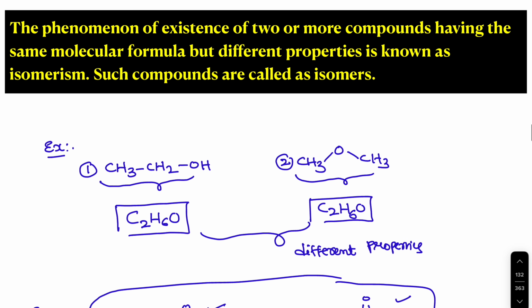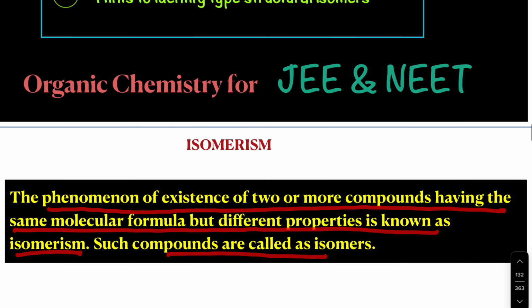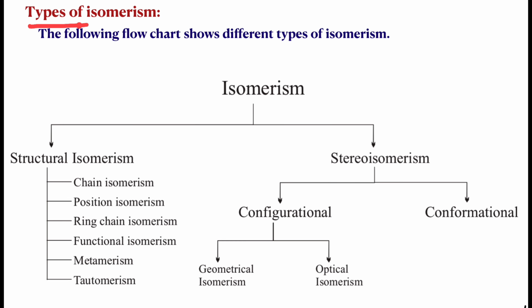So this is the exact definition of isomerism: the phenomenon of existence of two or more compounds having the same molecular formula but different properties is known as isomerism, and the compounds are called isomers. Now let us take the classification of isomerism, the different types of isomers.